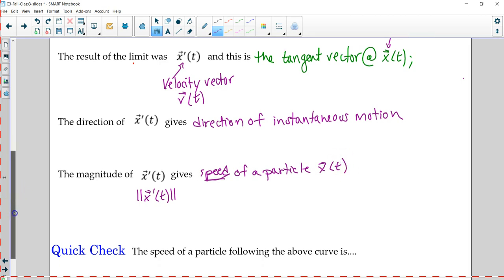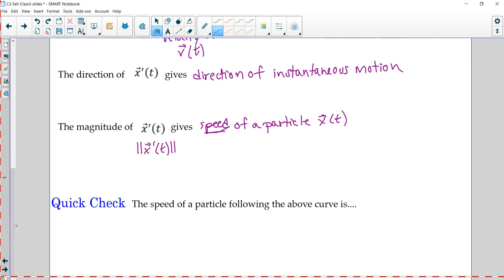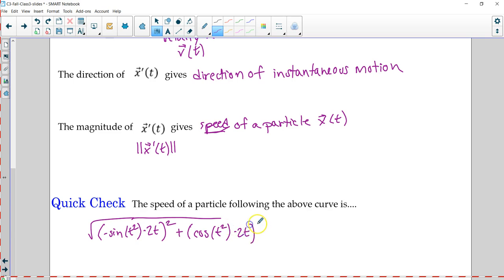And then, so if we wanted to find the speed of the above curve, we have to do the square root of minus sine of t squared times 2t, square that, and add that to, and this is just finding the norm if you need to remember how to do that, cosine of t squared times 2t, all that squared.